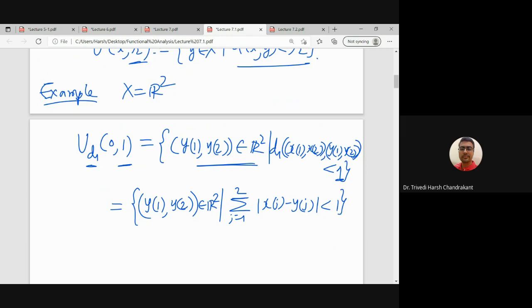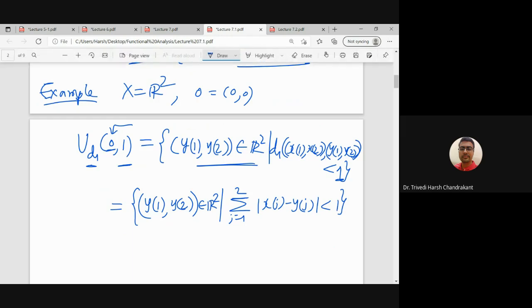And actually we are taking the vector x to be 0, 0, right? Because we are taking distance with 0, so 0 means the origin. So x1, x2 is 0 here.